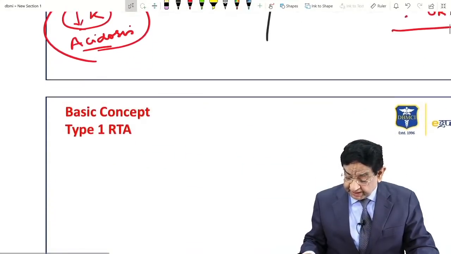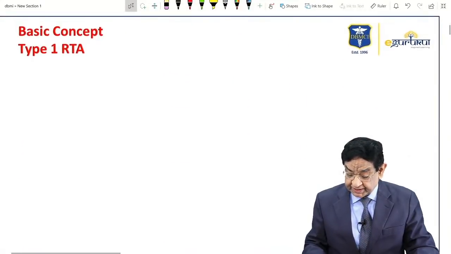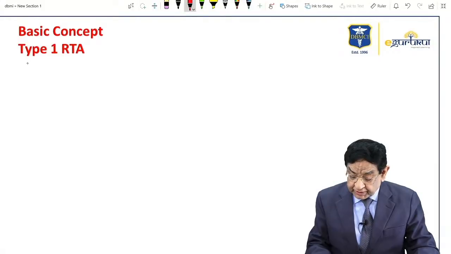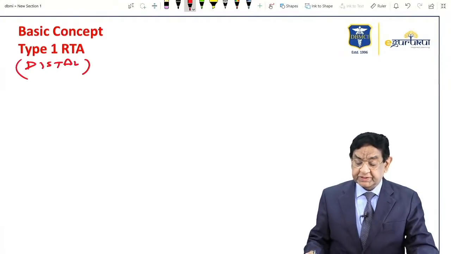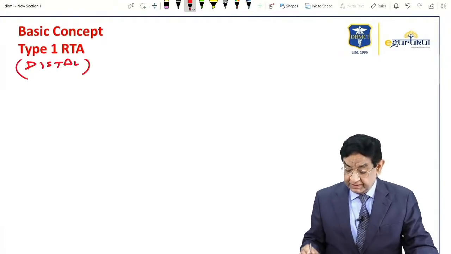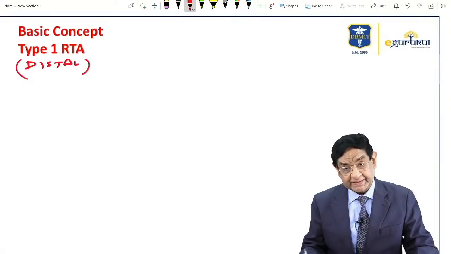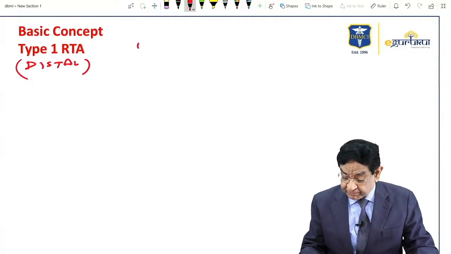Well, now we discuss type 1 RTA. This is also known as distal RTA. Why is this known as distal RTA? Again we go to the basic concept.